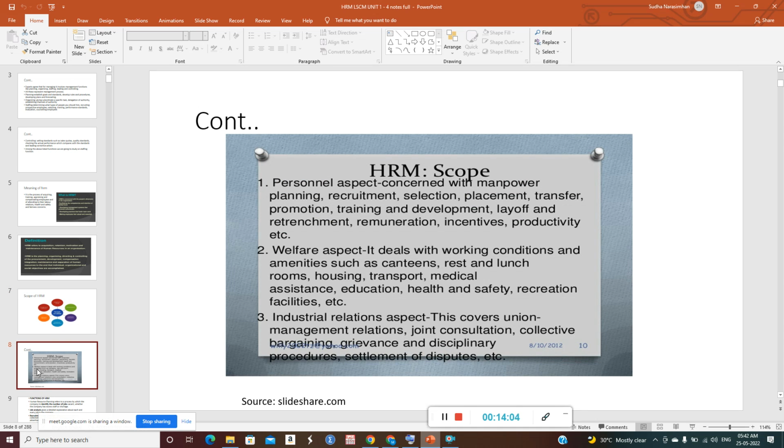Personnel aspects are concerned with manpower planning, recruitment, selection, placement, transfer, promotion, training and development, layoff, retrenchment, remuneration, incentives, productivity, etc. All these are concerned with human resources management.